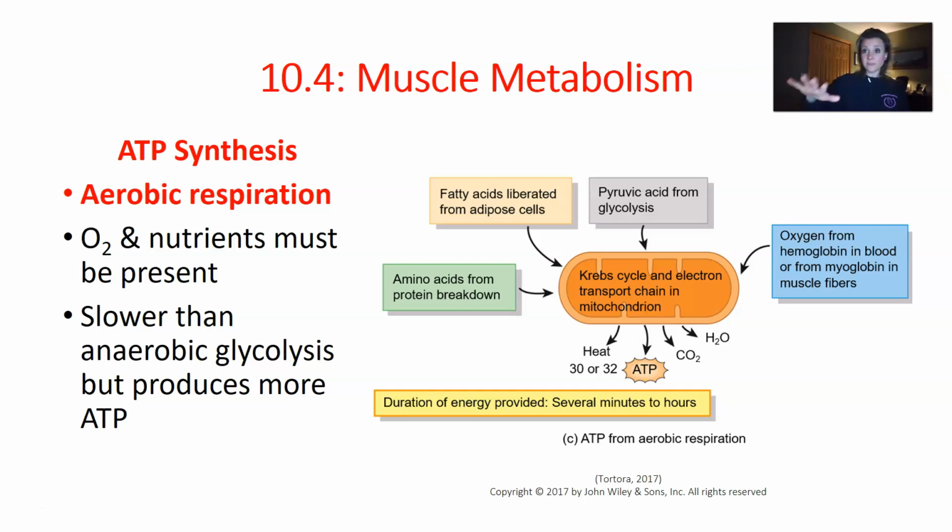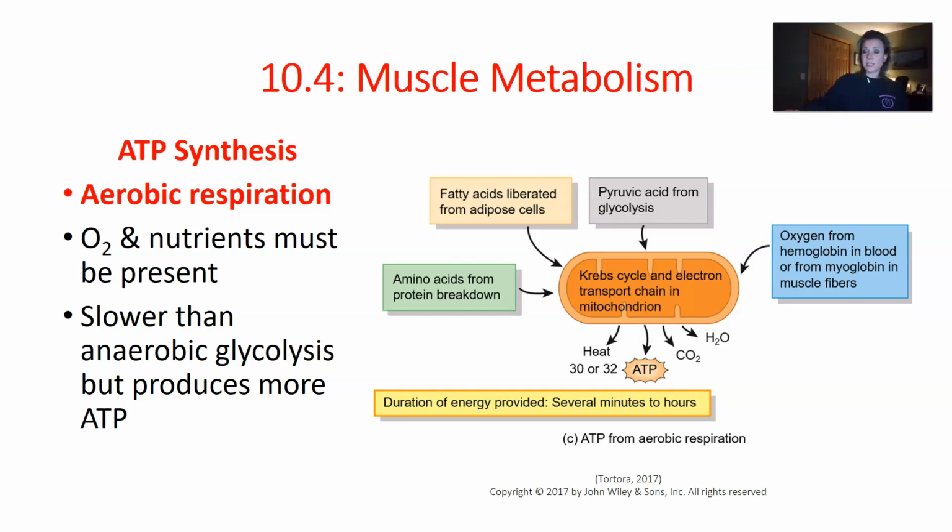And then after that, our muscle fibers will switch to aerobic respiration, where we're going to get 30 to 32 molecules of ATP, provided that we have the oxygen and the nutrients necessary.